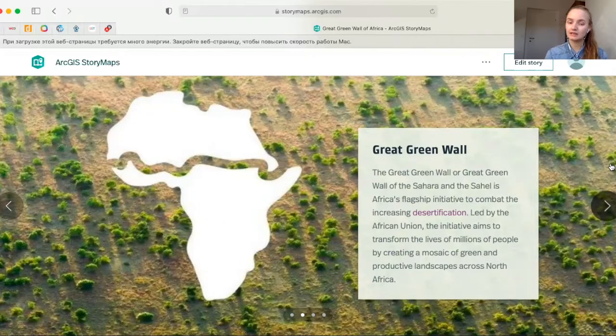That means 21 countries participate in this project implementation, and the initiative also aims to transform not only the drylands and soils, but also to improve the lives of millions of people who live in these areas by creating a mosaic of green and productive landscapes. It's not just about planting trees, but also about social and ecological resilience in these areas.